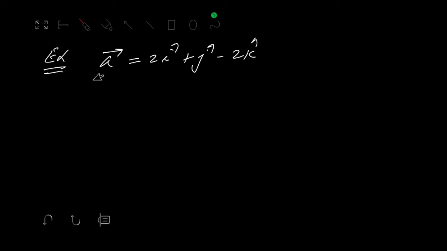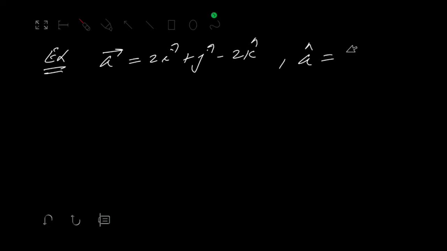Let us take an example. Say a vector A is 2 i cap plus j cap minus 2 k cap. We need to find A cap, that is a unit vector along A vector.